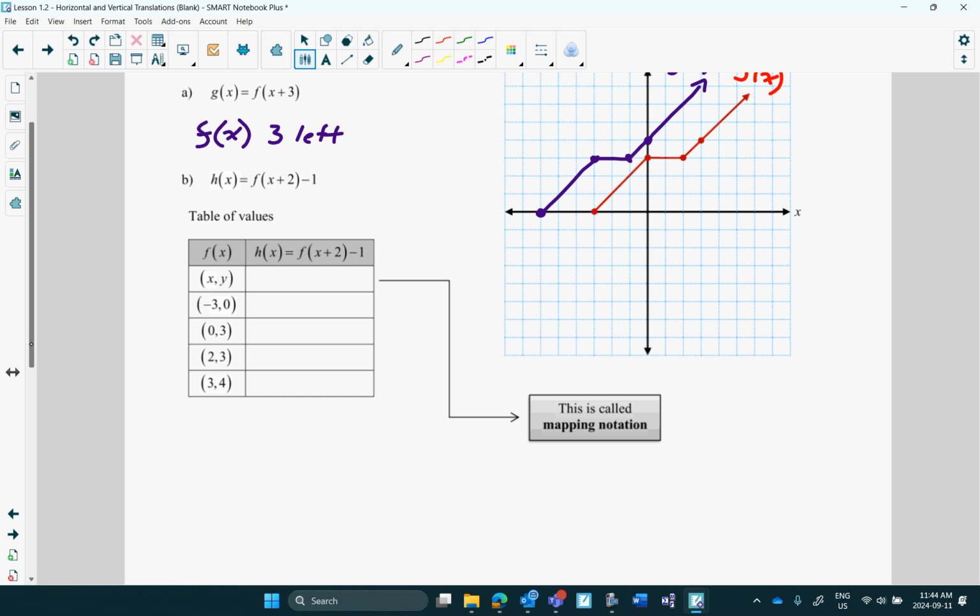So for this one, what you would do is, any point on the original graph, x, y, I'm going to create a formula to find every new point on the transformed one, or the translated one in this case.